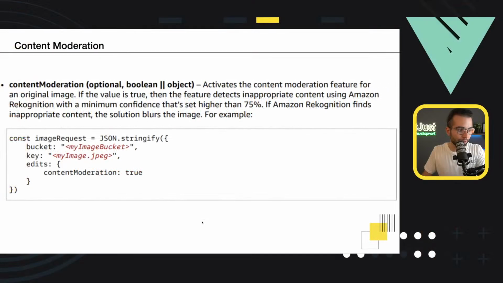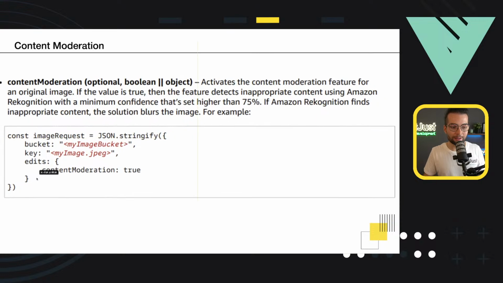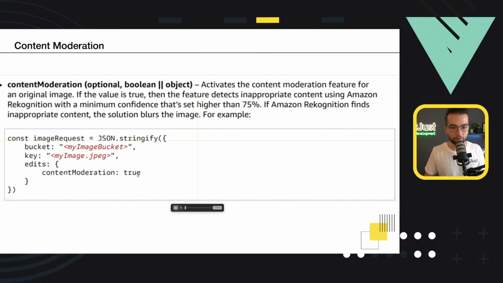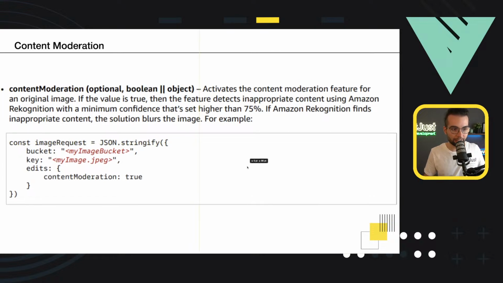So the next feature from the same solution is that we can enable content moderation with a simple parameter, content moderation true, and this will activate the content moderation, and it will blur the image if Amazon Rekognition believes that it's not safe to show it.